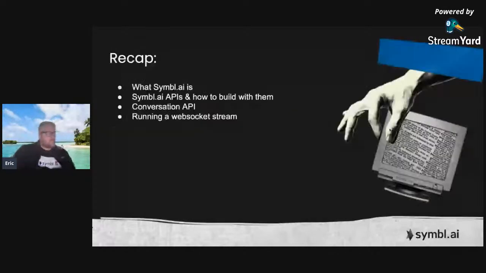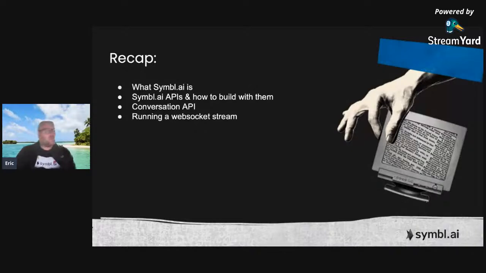I just want to recap, what is Symbl.ai? Symbl.ai is a conversation intelligence API platform for developers. Symbl.ai's APIs provide developers with the ability to augment conversations with new experiences in much the same way that virtual reality or artificial reality provides you with the ability to augment conversations in real time.